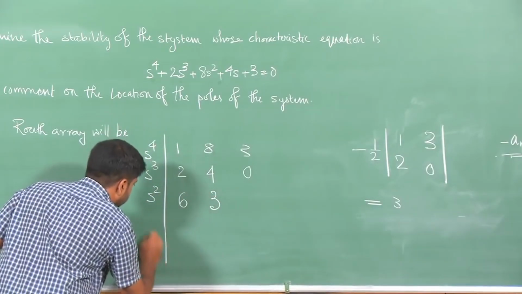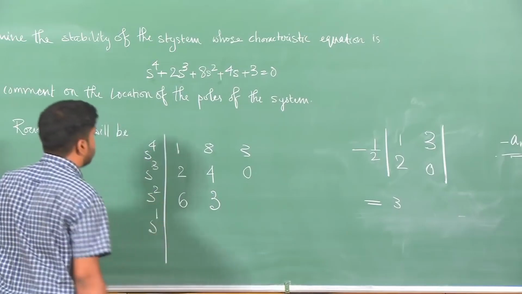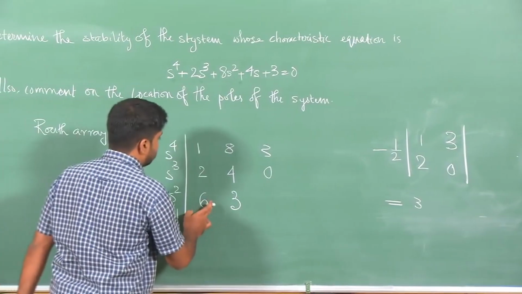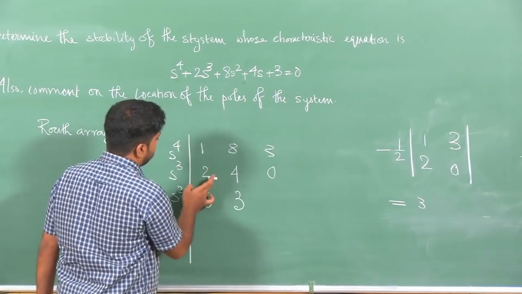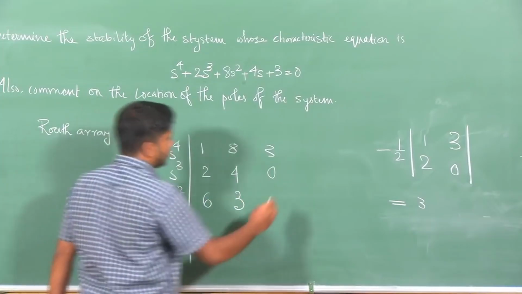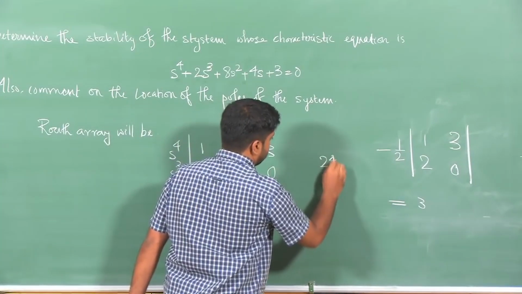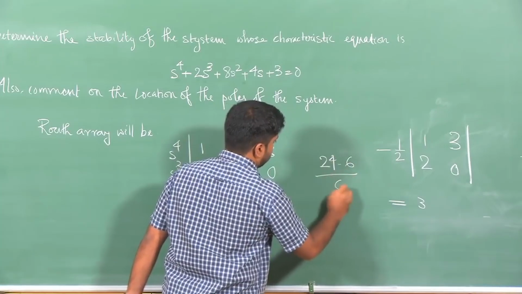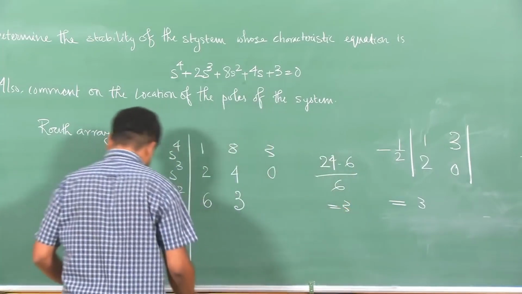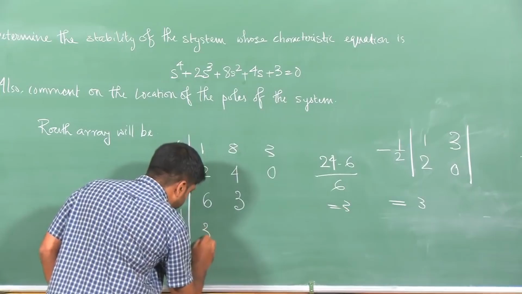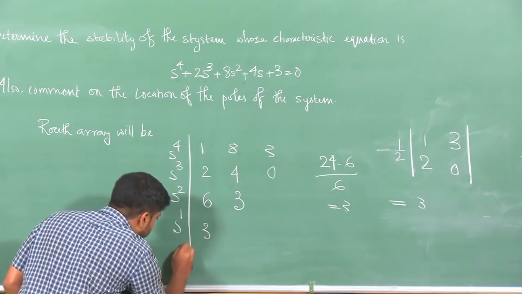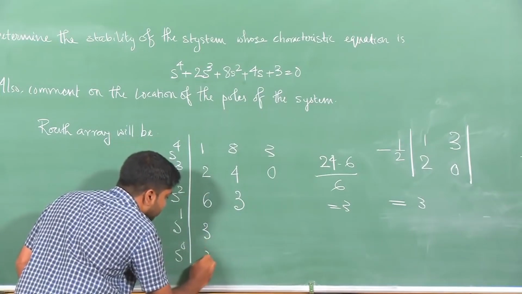Now, s to the power 1. In a similar way, 6 into 4 minus 3 into 2, and s to the power 0 will be just 3.